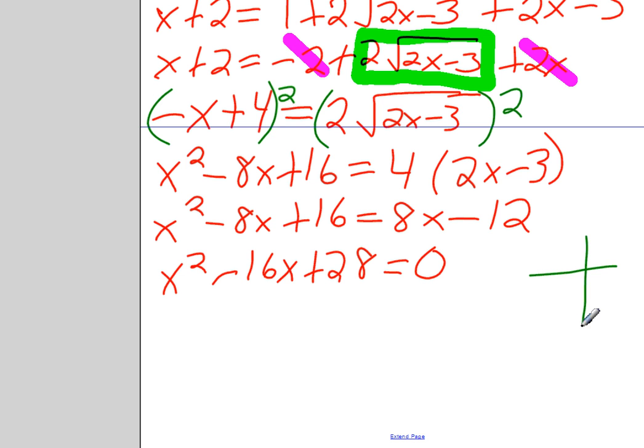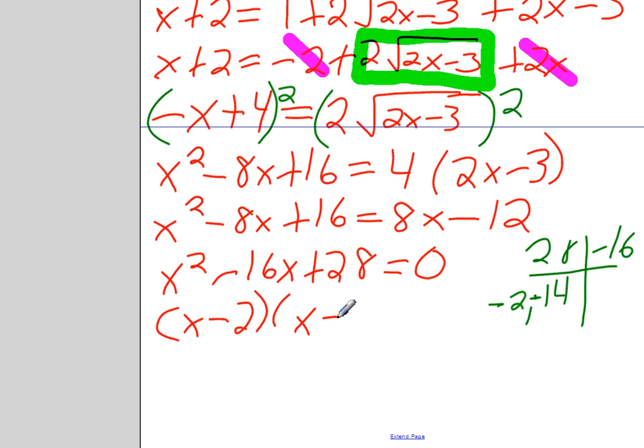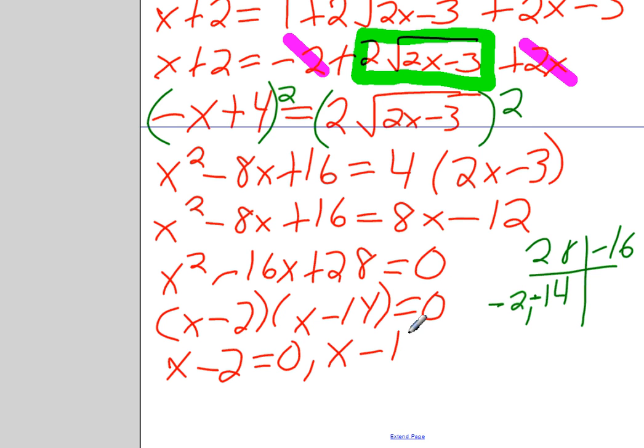Are there factors of 28 whose sum is negative 16? It looks like it's factorable, negative 2 and negative 14. So that's easy, AC. Set both factors equal to 0. Solve both equations.